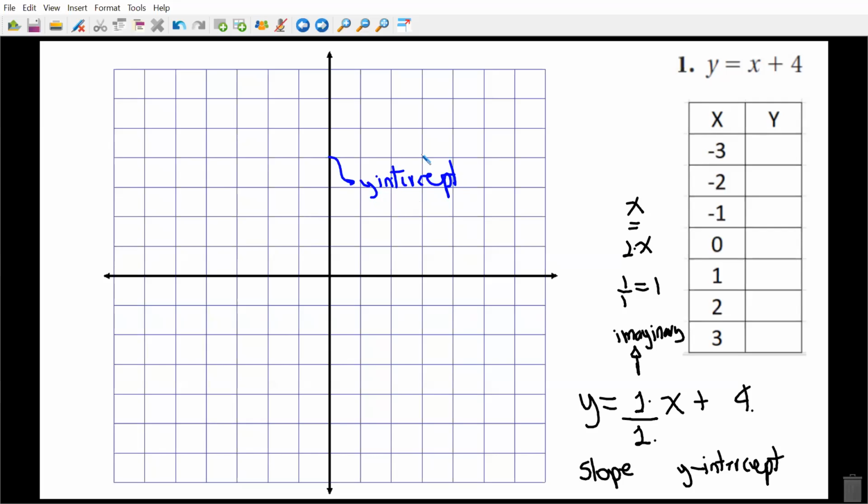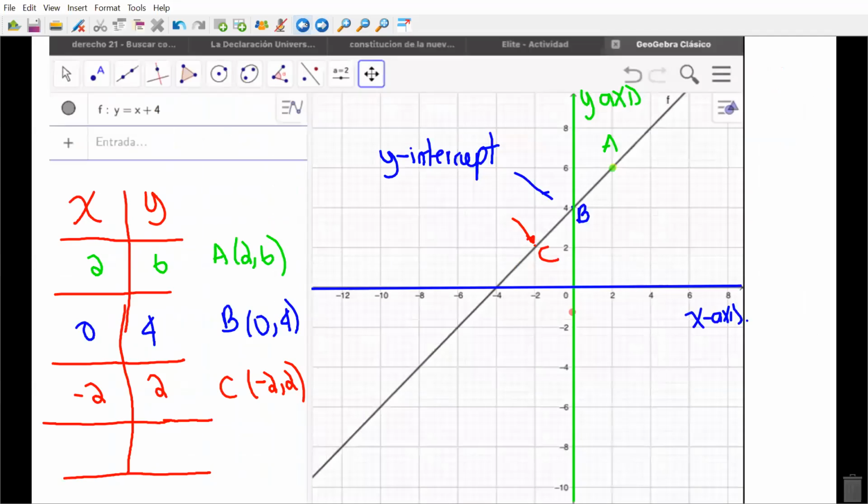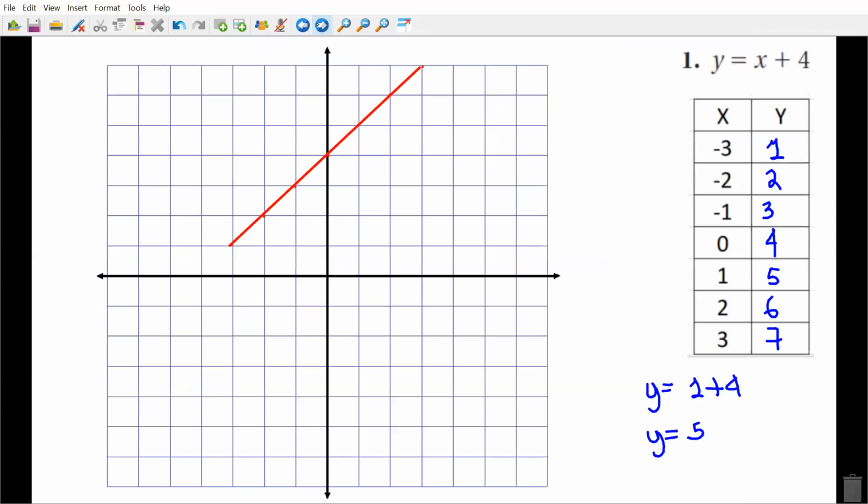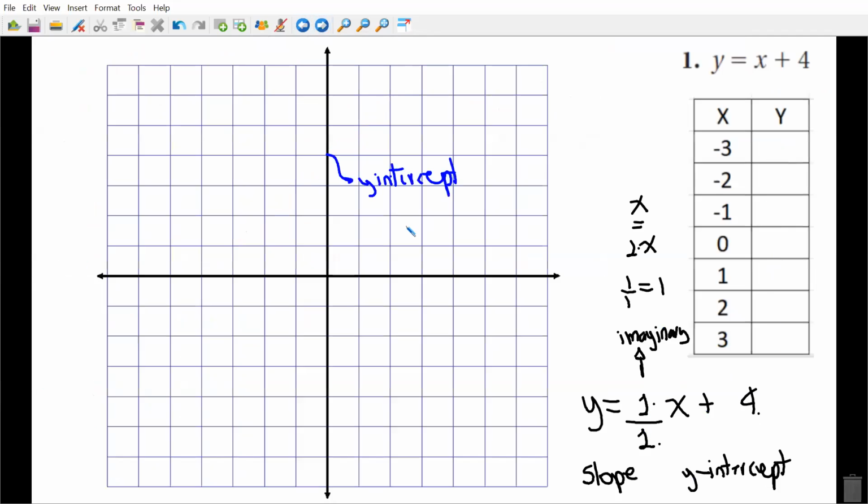And remember when we were talking about the exercise that was full of triangles, that we said the slope was going to be exactly the same all the time? You told me, teacher, the slope is 1 divided by 1, and 1 divided by 1 means rise divided by run.